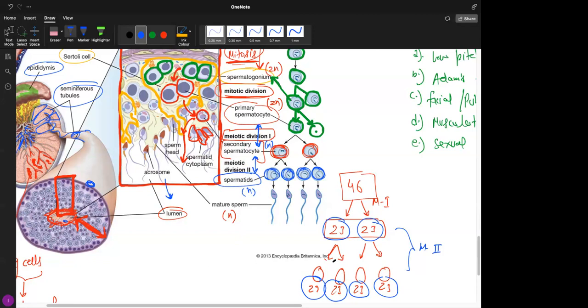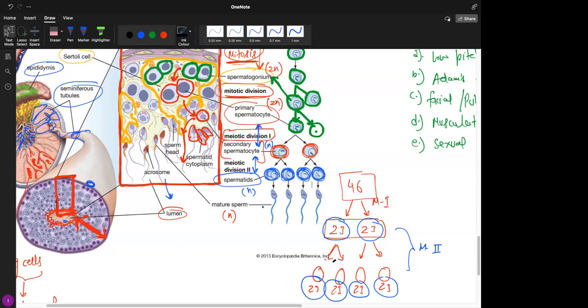Now you see in this diagram there is a difference between spermatids and mature sperm. What is the difference? What can you pick out? Spermatids do not have tail, right? Can you see they are roundish, spherical? Whereas sperms need to have tail. Without tail, sperm is nothing, right? So this process of maturation of spermatid into sperm is called spermiogenesis.